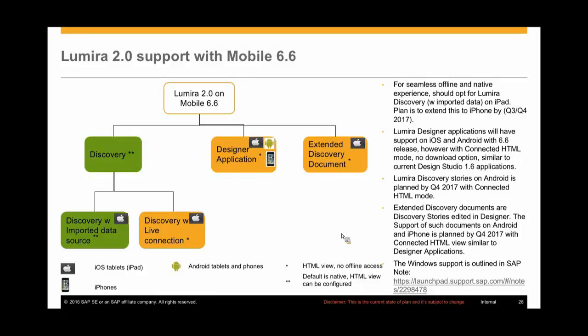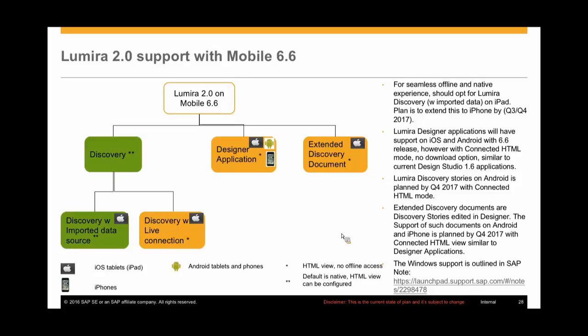So if you're looking for seamless offline access, we recommend you use Discovery with an offline data source. Whereas if you're using the Designer application, you can access it on iPad, iPhone and Android as well.